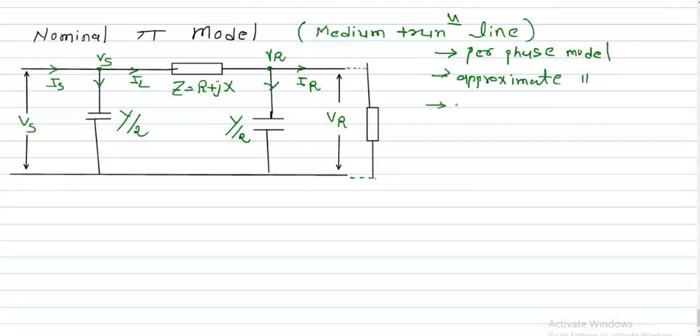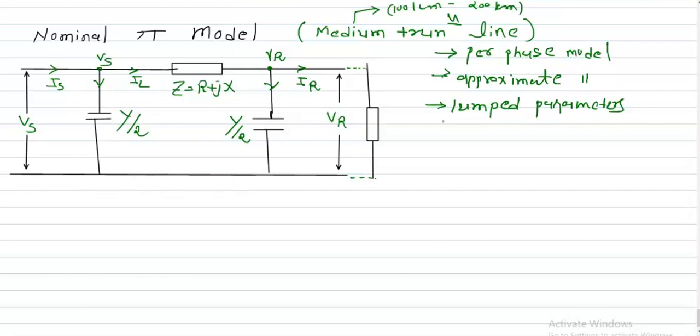Again, the parameters are lump sum. And this applies for 100 kilometer to 200 kilometer. It will give the reasonable answer, right?